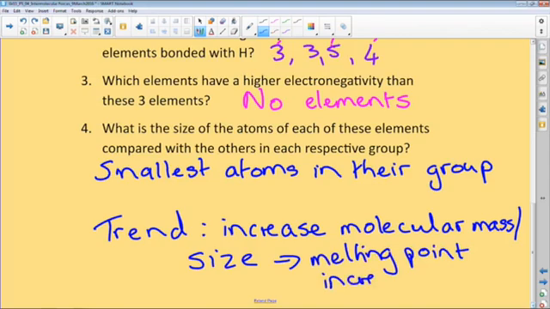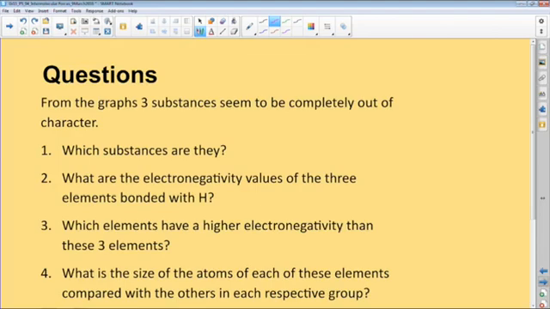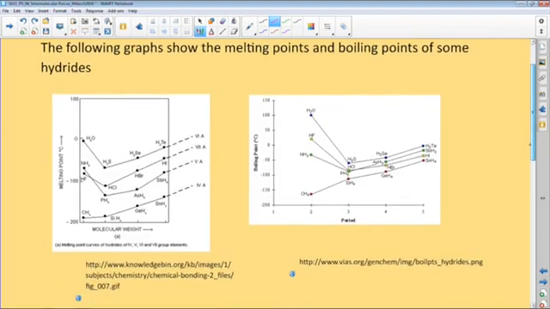And the reason is because there are more intermolecular forces. But the exception, except nitrogen, oxygen, and fluorine. Okay, let's have a look what else I've got for you. Okay, so here's our clean graph. So let's just quickly recap.